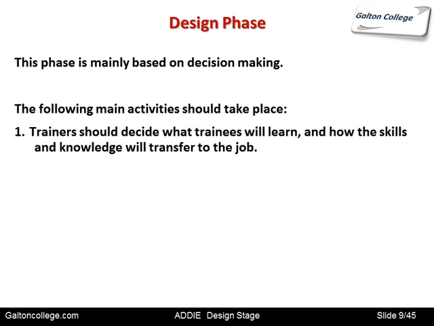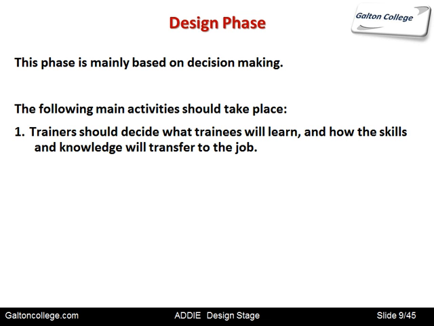Trainers should decide what trainees will learn and how the skills and knowledge will transfer to the job. So within a company, the trainers should decide what the trainees need to know. What's the purpose of the training scheme? And then what the outcomes are and how they can be transferred to the working situation.